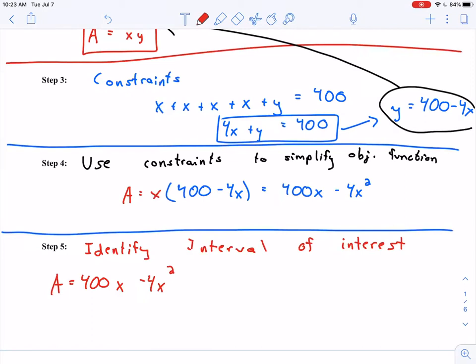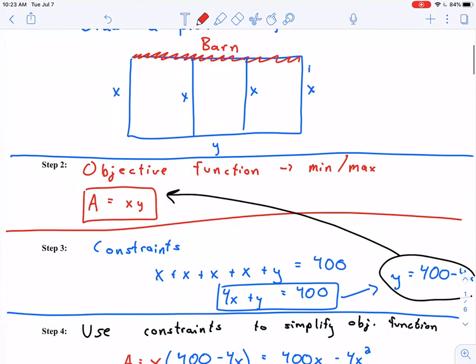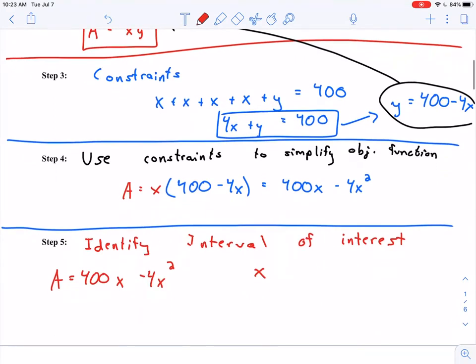So one part of our interval, I should say, x, remember, let's go back and look. X represents a side length. X can't be negative. So that's another way to say, well, x should be greater than or equal to 0. So that's one part of my interval.